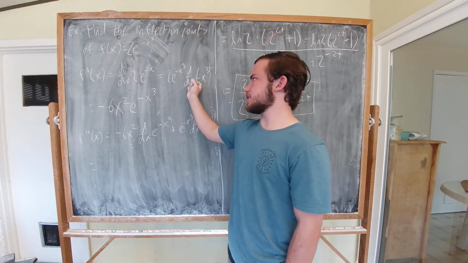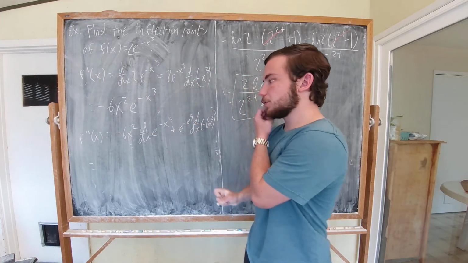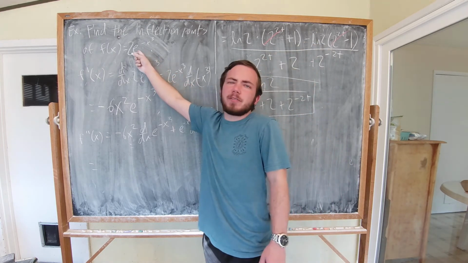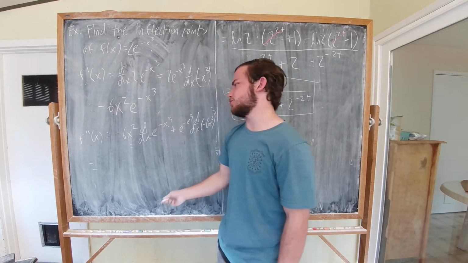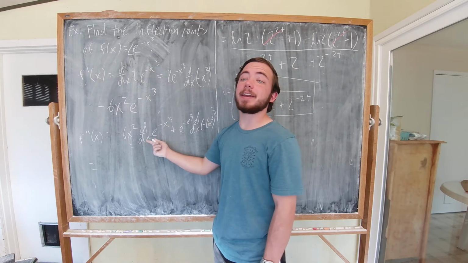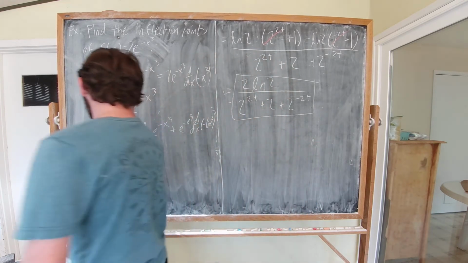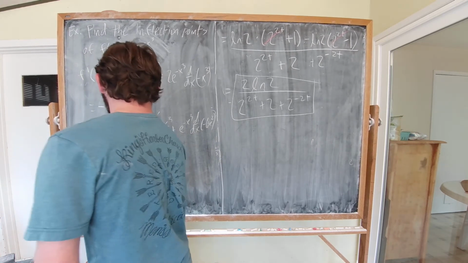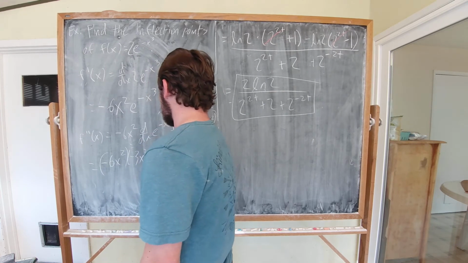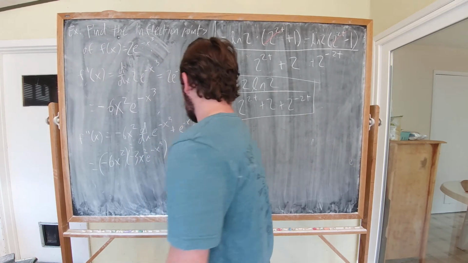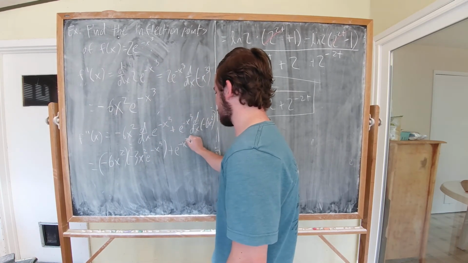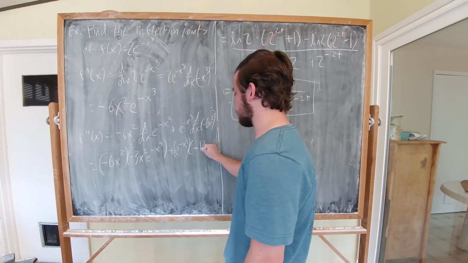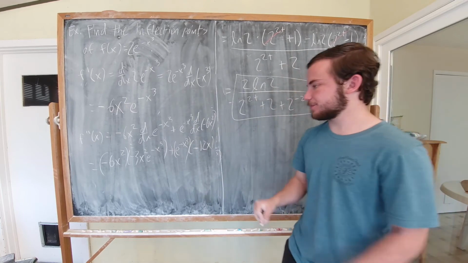Derivative of this thing, just like up here, is the same as this first derivative, except we don't have a factor of 2. So it'll just give us negative 3x squared e to the negative x cubed plus e to the negative x cubed times negative 12x.